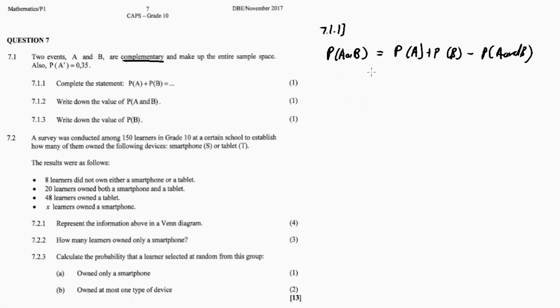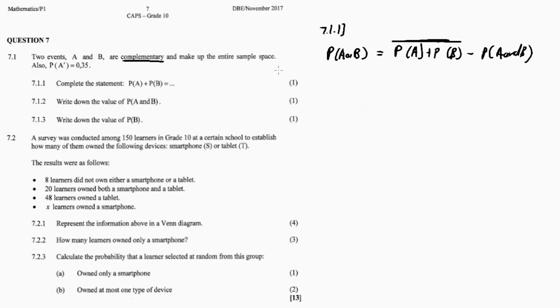Why not the second one? We can't use the second one because we want a value for the probability of A plus B, and we get it with the first equation. Hence I'm picking this one.